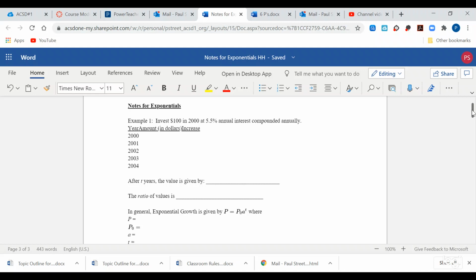And so in 2003, what is that going to look like? Can we jump to, it's going to be 100 times what? 1.055 to the third. Nice. And you can do that in the calculator in a minute and get those others. And so in 2004, you're going to get 100 times 1.055.